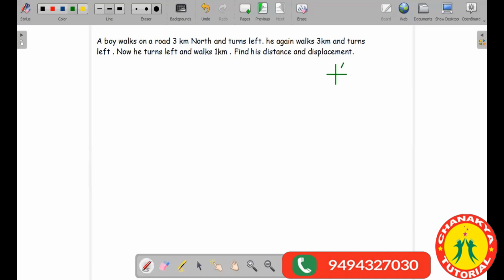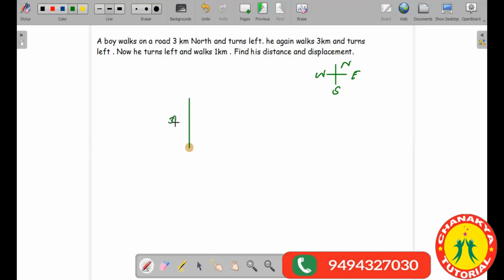Let's say you have the directions north, south, east, and west. In this way, we will be moving on. Let us start from the origin. And from here, we are moving initially 3 kilometers north.